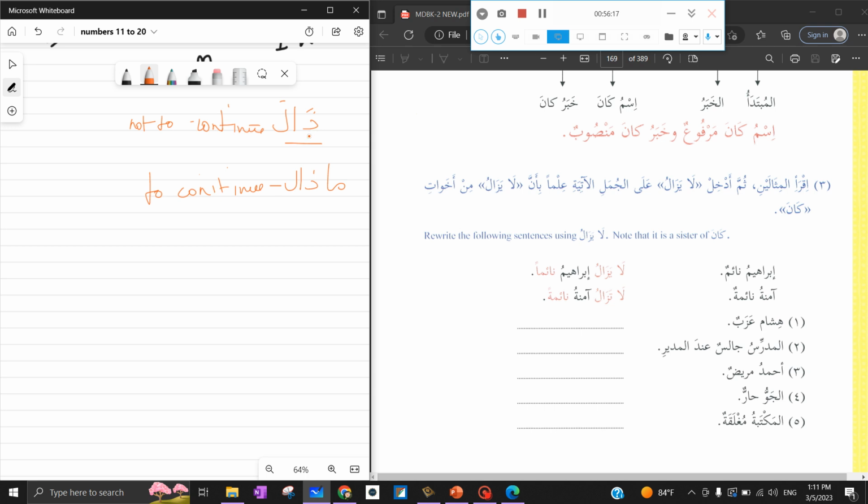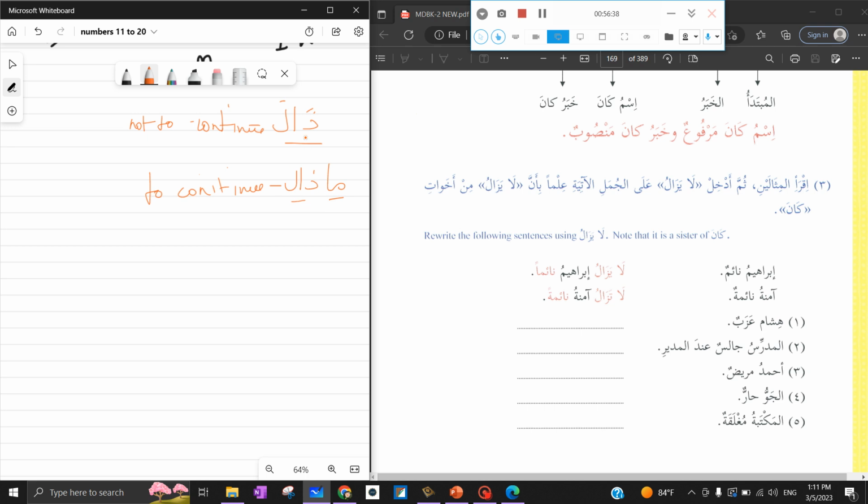And when I want to say he is continuing, I will put ma zala. That means he has stopped not continuing, in other words he has started continuing. So that's the only meaning for zala and mazala.